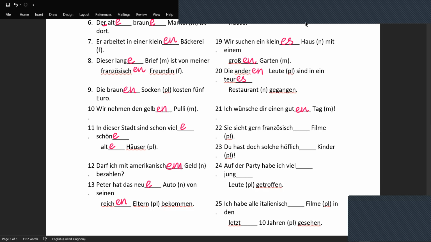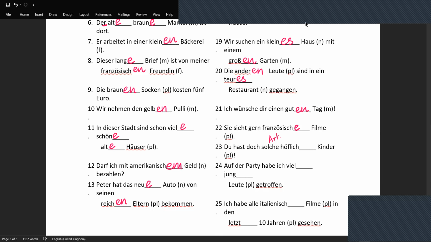Say again, preposition. Du hast doch solche höflichen Kinder. Now here, solche will be counted as an article.